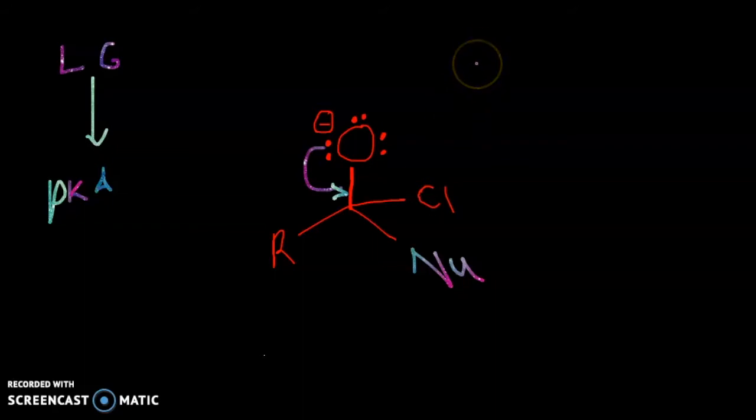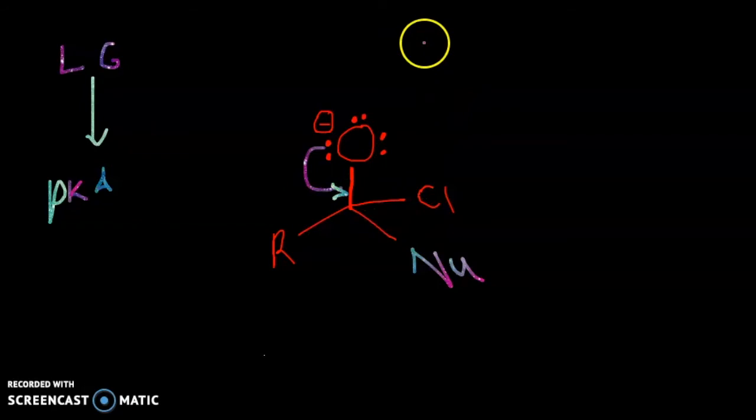If we have a high pKa, it wants to very much hold on to that bond. It does not want to break. Whereas a low pKa is indicative of a less stable bond, or in this case, a much weaker bond, and it wants to leave. It's okay with being kicked off.